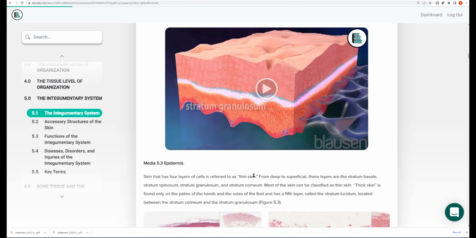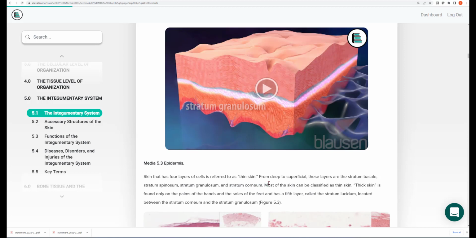We'll see them better in a moment. From deep to superficial, there's the stratum basale, the basal or the basement layer. Then there's the stratum spinosum, the stratum granulosum, very granular in appearance, and then the stratum corneum.